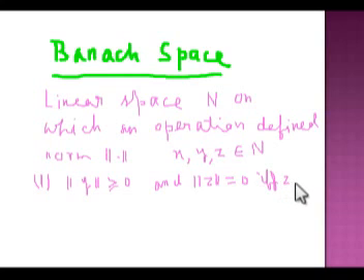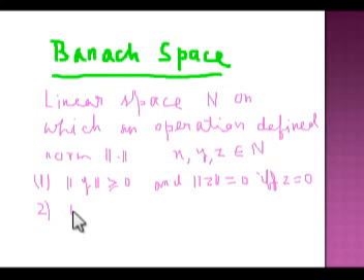The norm represents a distance, like a modulus, like a metric distance. The second axiom is that it satisfies the triangular inequality.